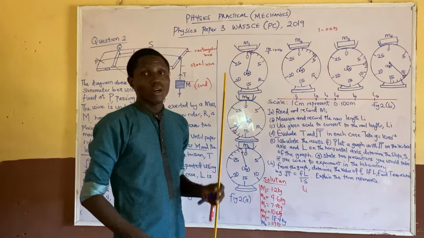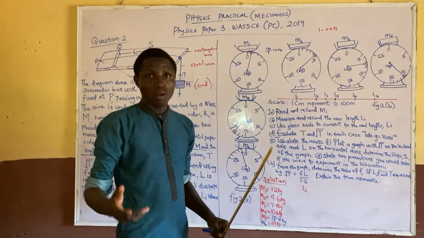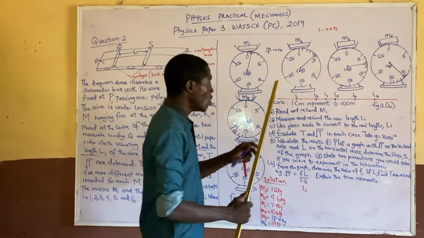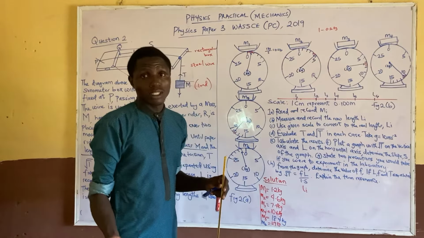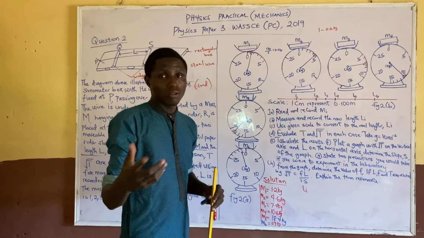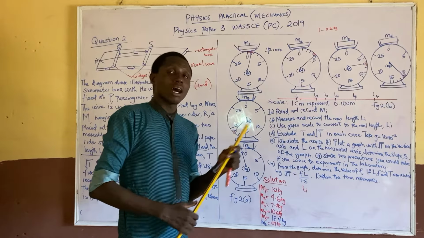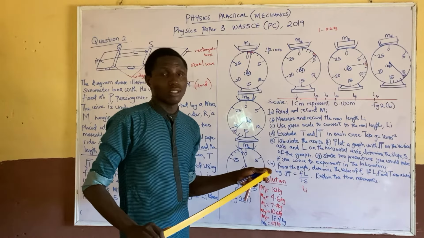So it's better you provide yourself the 30 centimeter ruler, or you can also make use of the mathematical set ruler, depending on your choice, but it's advisable to take along the 30 centimeter ruler.